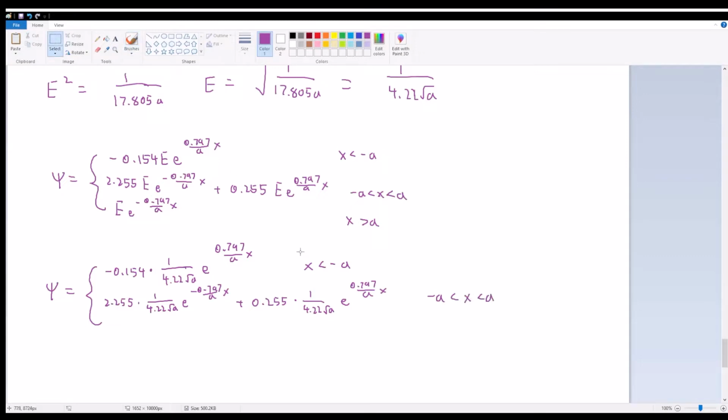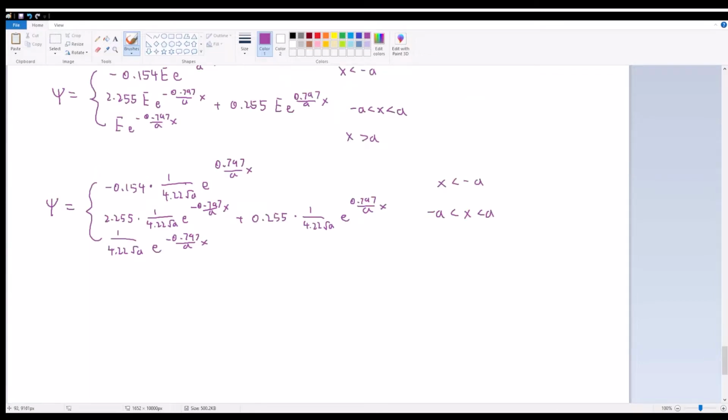Let's move the condition over here. And then finally, 1 divided by 4.22 square root of a times e to the negative 0.797 over a times x.